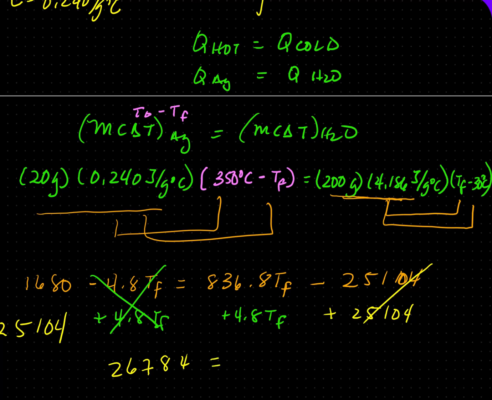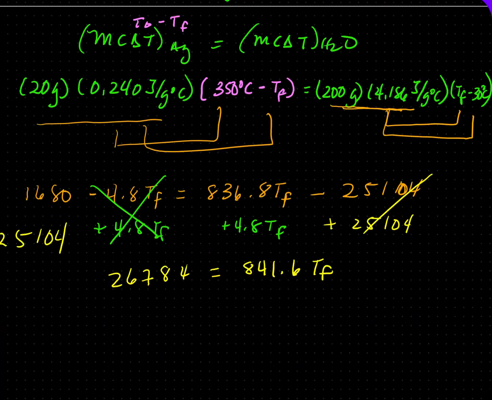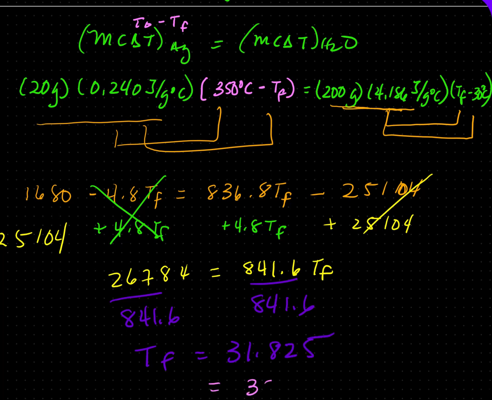On the opposite side, I'm going to add these two numbers, 841.6 TF. I'm going to divide both sides by 841.6. So TF is approximately 31.825. So T final is going to be approximately 32 degrees Celsius.